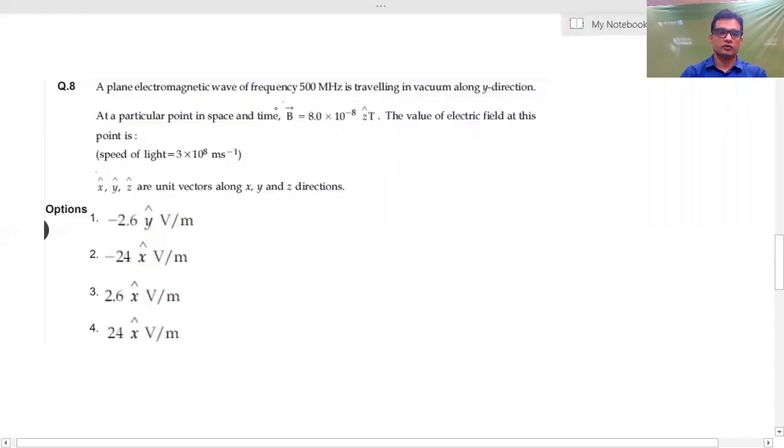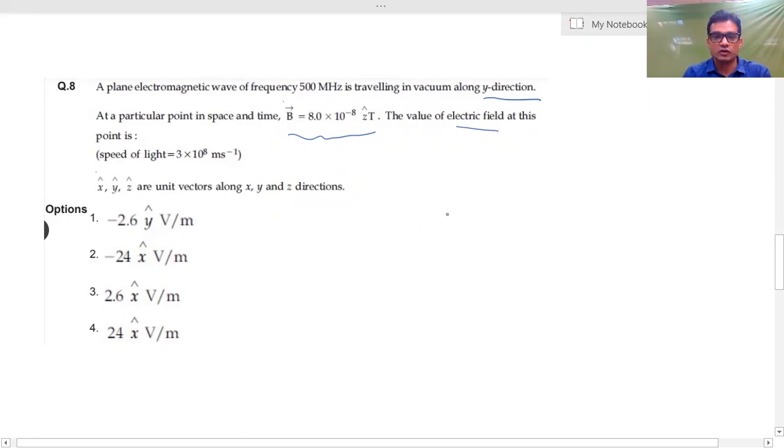Now this is a question on electromagnetic waves. Here it is given that the magnetic field is 8 into 10 to the power minus 8 Tesla, in the positive z direction, and the wave is traveling along the y direction. First of all, we have to calculate the electric field. First we'll calculate its magnitude.